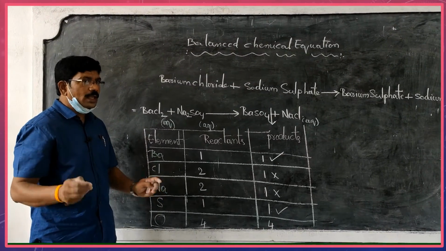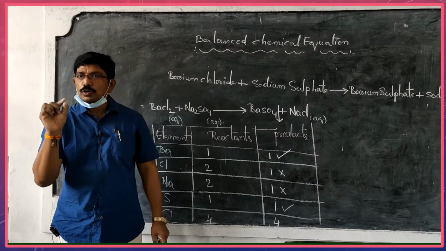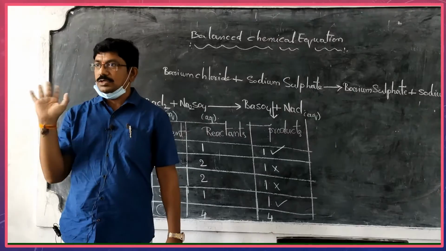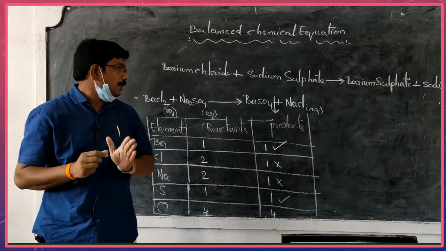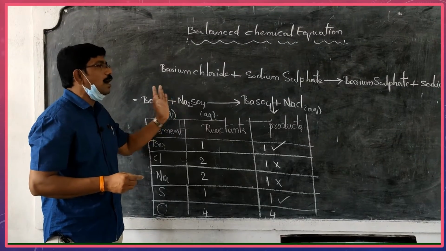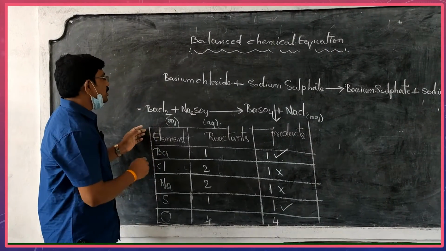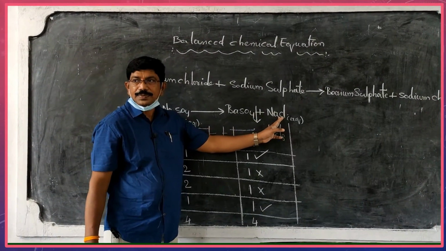Are you clear? While balancing a chemical equation, you have to remember a simple concept, that is, never change the molecular formulas. Simply, you have to change the coefficients of the compounds. For example, here 2 sodiums are there, but don't write Na2 like this.